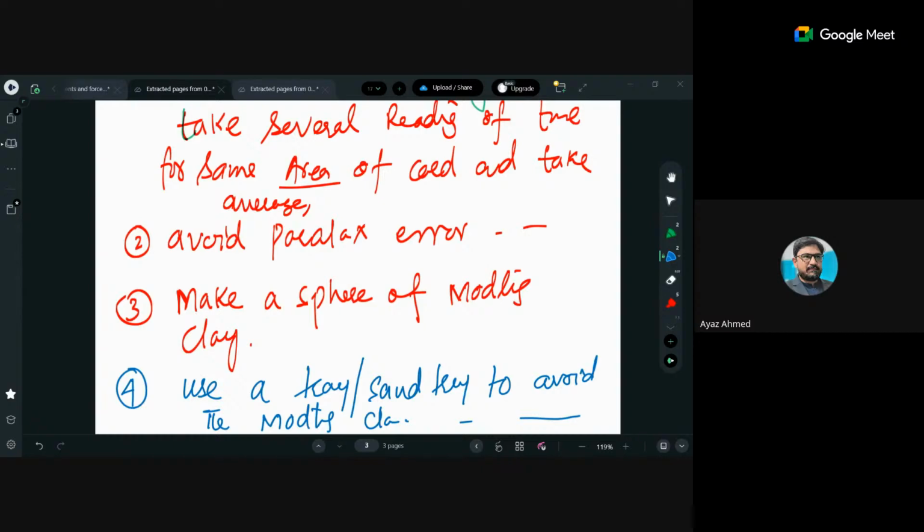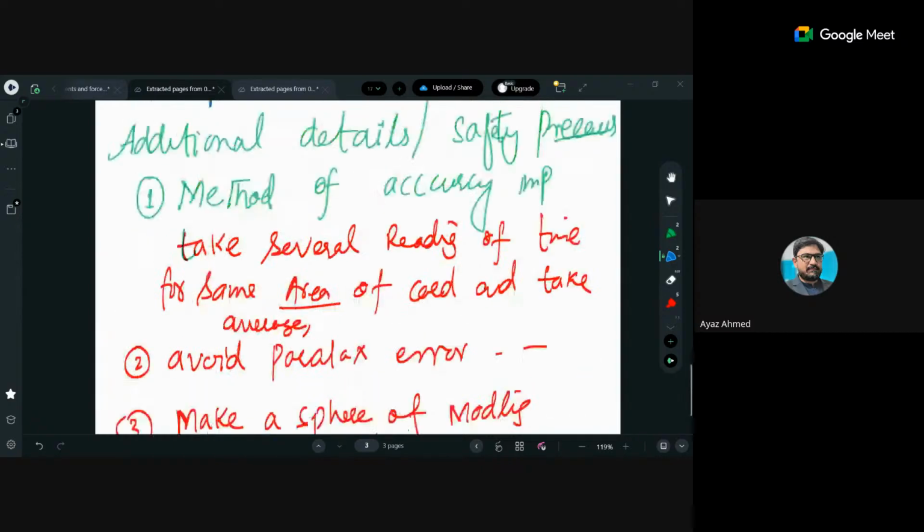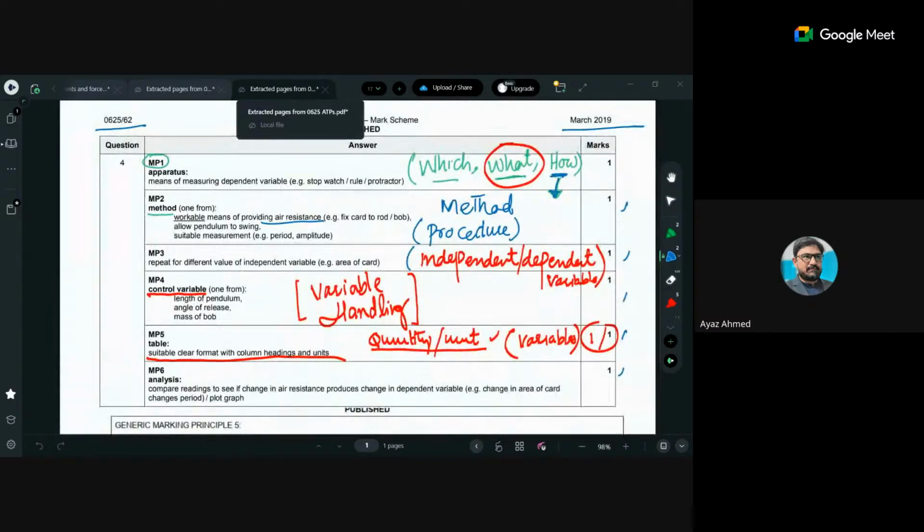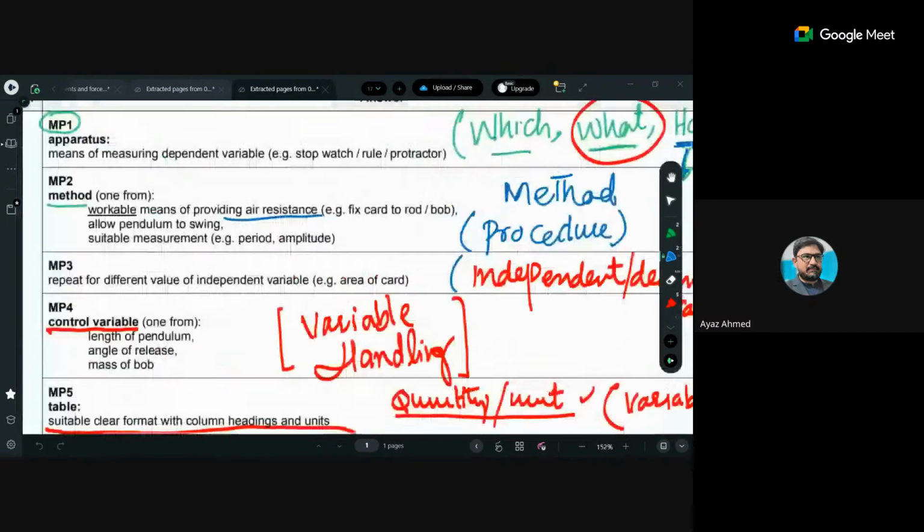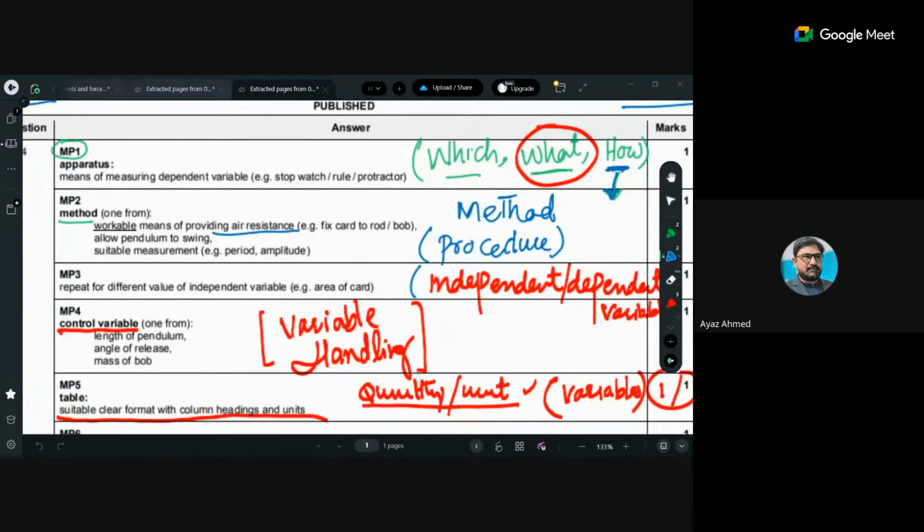Okay? So let's see what is being told by the examiner. Now I'm going back to the marking scheme, just check this one out. Any means of measuring the independent variable, stopwatch, ruler, protractor, I have mentioned, so you will score 1 mark.